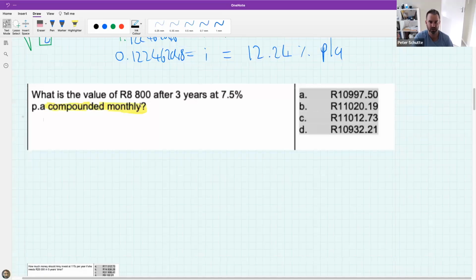I want you to adjust that while I go and look for my calculator. I found it. So which of these 4 options do we think?